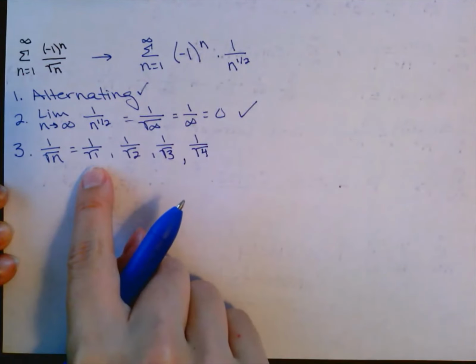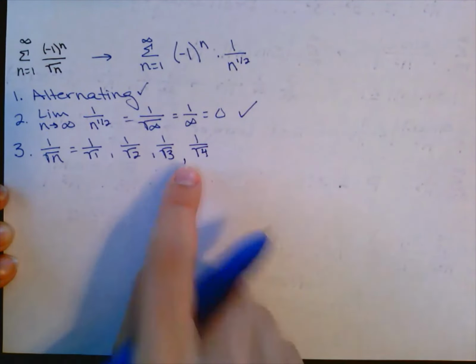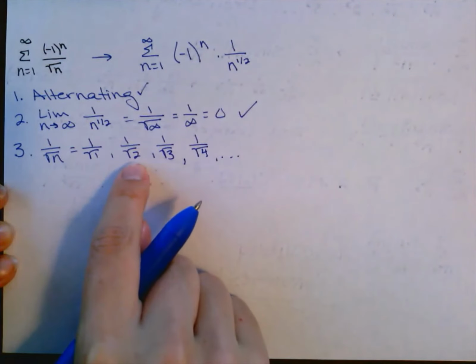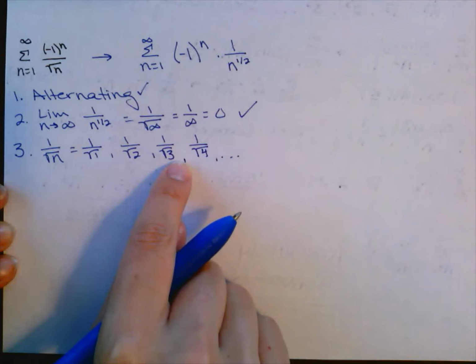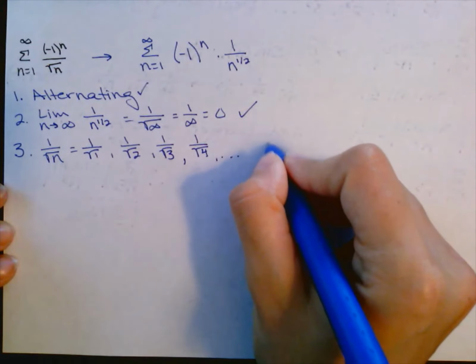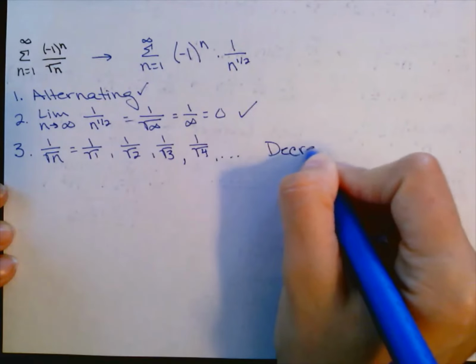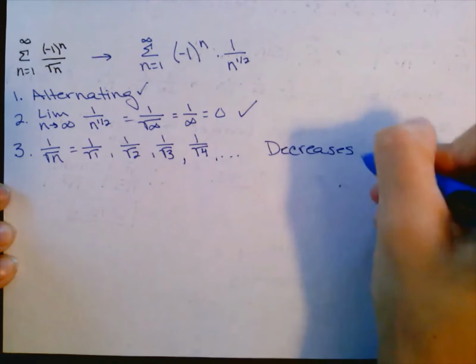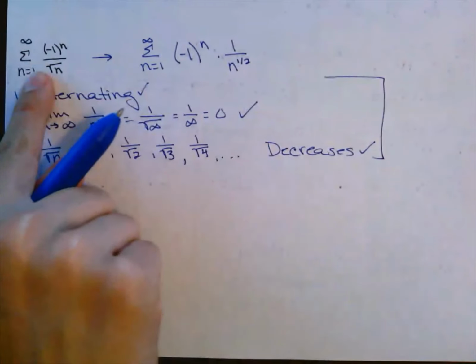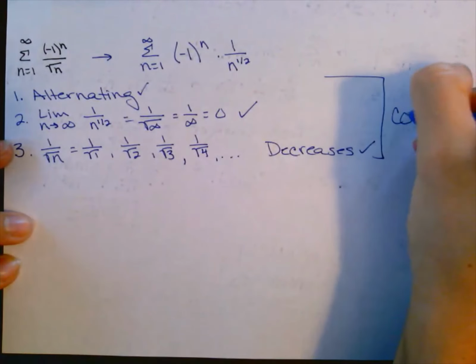So if you want to double check this in your calculator, feel free to, but my denominators are getting larger, which means my numbers are getting smaller. Therefore, this decreases. Okay, so I've proven that this alternating series converges.